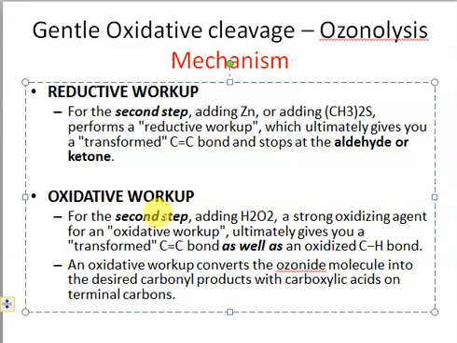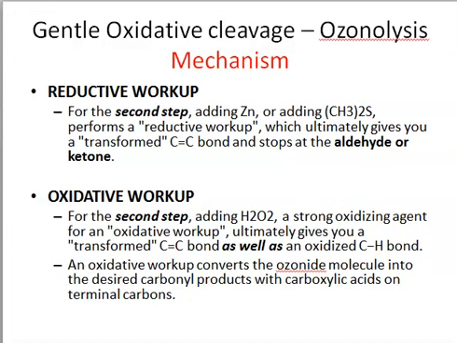Ketone will remain as such; ketone will not be converted into carboxylic acid. However, if you have an aldehyde, if you have a terminal carbon, the terminal carbon will be converted into carboxylic acid. So although ozonolysis is a gentle oxidative mechanism, it can be considered a strong oxidative cleavage if you use the oxidative workup.